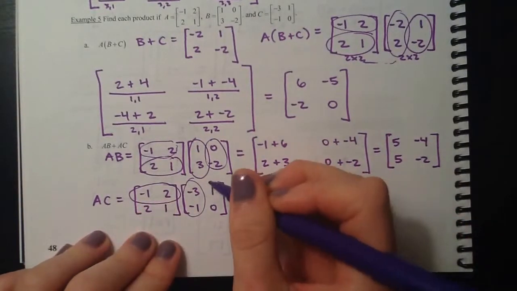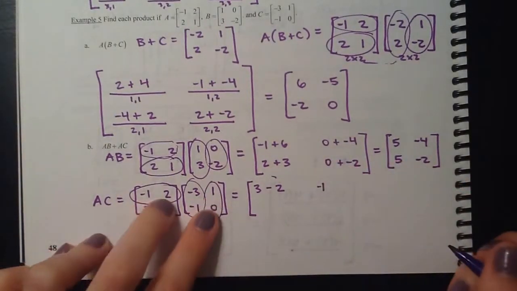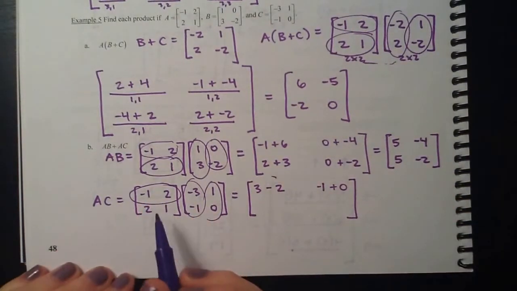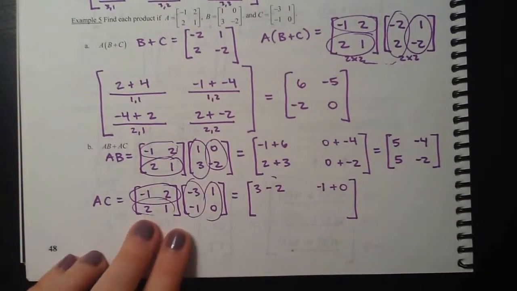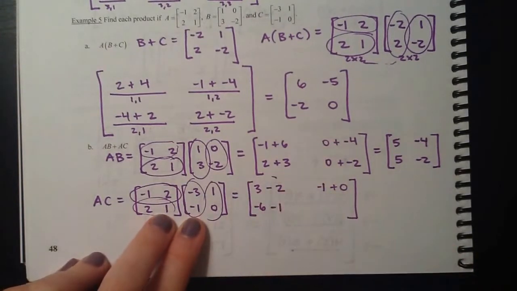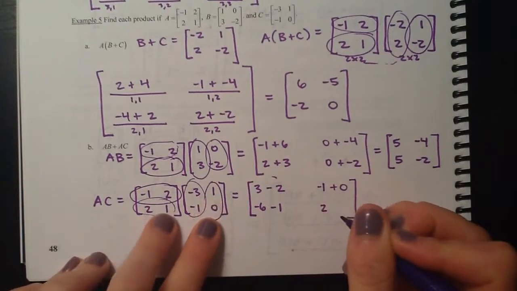Next, row 1, column 2: negative 1 times positive 1, 2 times 0. And down here, row 2, column 1: 2 times negative 3, 1 times negative 1. And row 2, column 2: 2 times 1, 1 times 0.